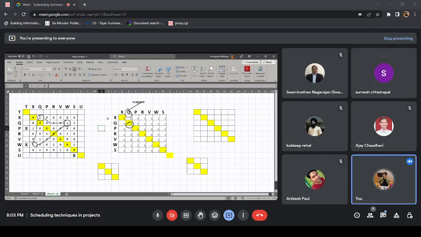By the same logic, we could have clubbed Q and R also, but we cannot do that. We see that this is not a loop. This is just giving us that this activity is in a loop. Is it in how many loops? It can be in one loop, it can be in multiple loops. We are not even getting that clarity, and we are not getting exactly that if the diagonal value of n square is 0, then it is not in a loop. No, it is just giving us a starting point.